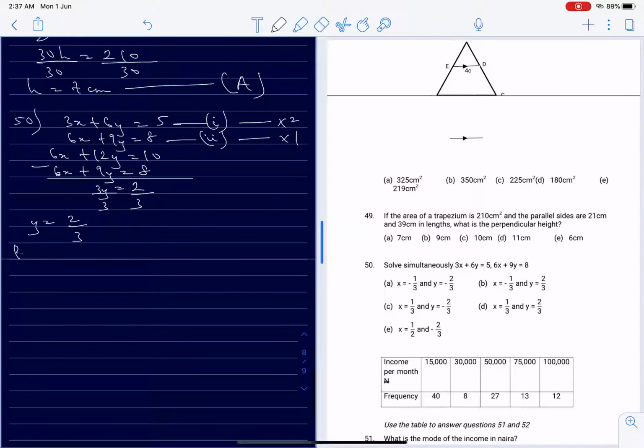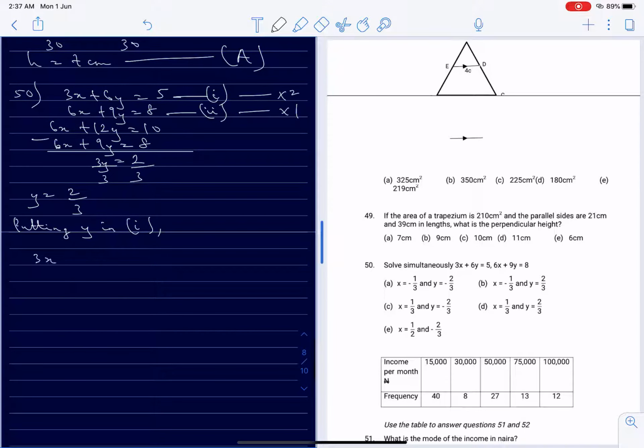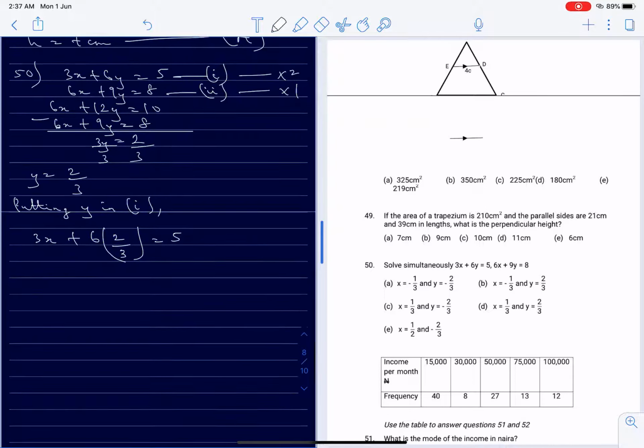So we put y in equation 1. Wherever we see y in equation 1, we write 2 over 3. 3x plus 6 times 2 over 3 equals 5, not 8, 5.